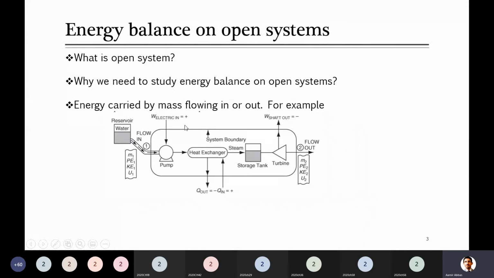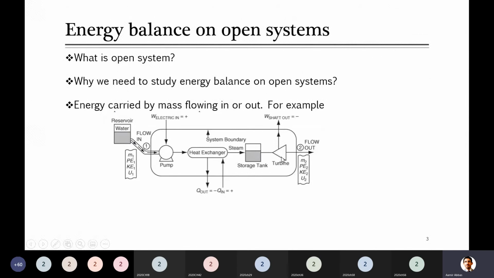As well, heat and work are also being exchanged. If you look at this, some electric work is taking place and a pump is pumping this water. So that is one of the works being done here. As well, some work out of this system is taking place in the form of a turbine.